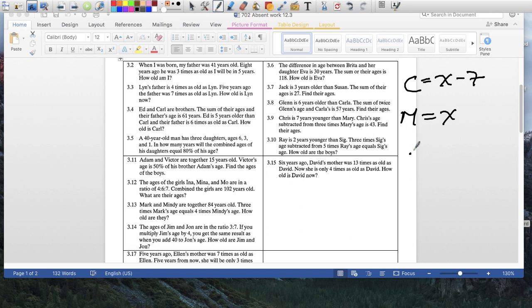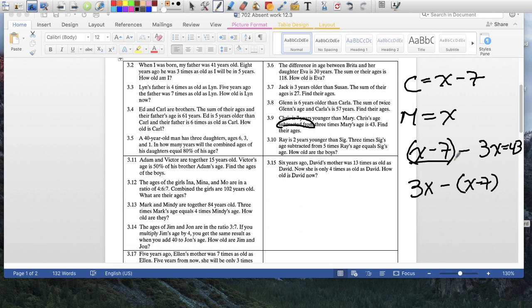Chris's age is X minus 7, subtracted from 3 times Mary's age, which is X, equals 43. But let me put Chris's age in parentheses, because the word is subtracted from, right? It's like less than, you have to switch the position. So 3x comes to the front, then the minus, and the X minus 7 goes to the back. It's a turnaround word, right? So these two switch places, equals 43.